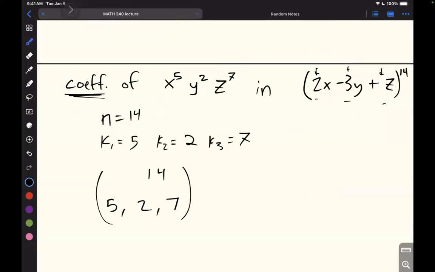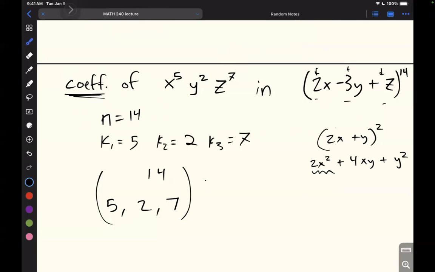And so because this comes from like, when we do 2x plus y squared, we end up having 4x squared plus 4xy plus y squared, right? So that 2 follows us whenever we talk about the x.